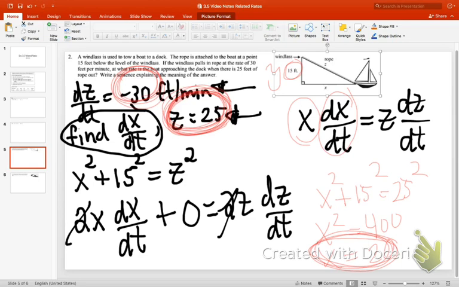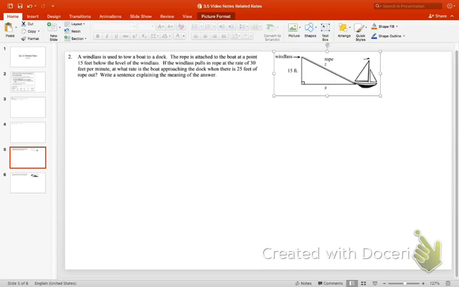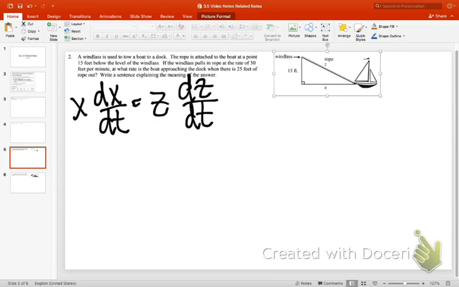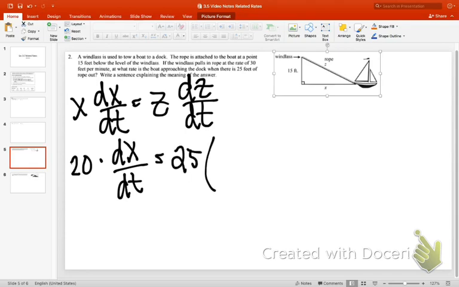So I'm just going to erase this for a minute. So we have x dx/dt equals z dz/dt. We found when z is 25, x is 20. We are trying to solve for dx/dt when z is 25, and my rate of change of the rope is negative 30.